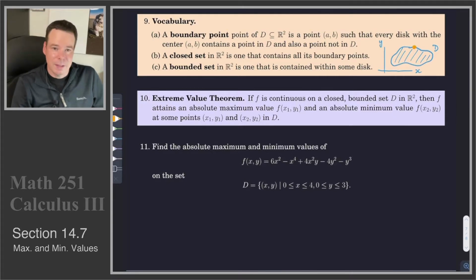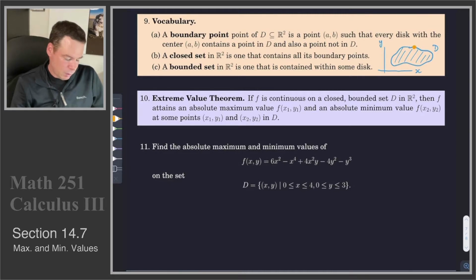A closed set is a set that contains all its boundary points. And a bounded set is a set that we can fit an entire circle around so that the set is inside that circle. And with those little bits of terminology, those descriptors of properties that sets can have, that leads us to the extreme value theorem, which says precisely when we can be guaranteed a function has a maximum and minimum value.